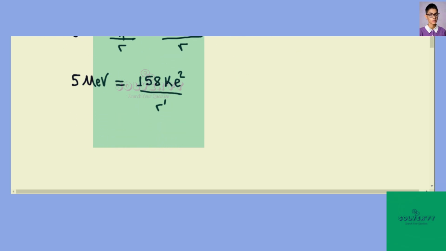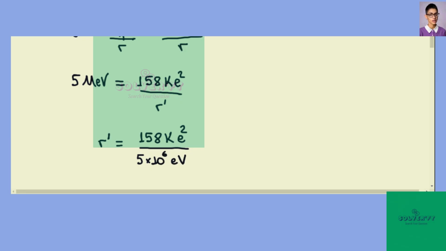And we want to find r prime, which is 158 times K e squared divided by 5 times 10 to the 6th electron volts.